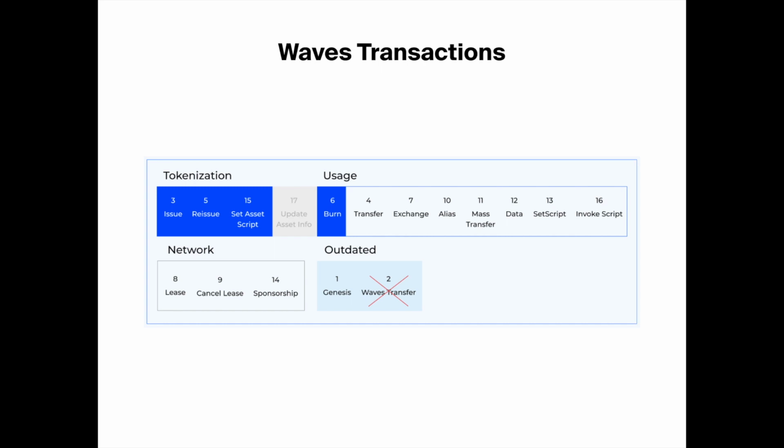For example, you can see that we have a simple data transaction, number 12. This is a simple transaction that just stores data. We have the transfer transaction, which is a payment. We have the issue transaction that creates tokens, the first launching of new tokens or crypto coins.